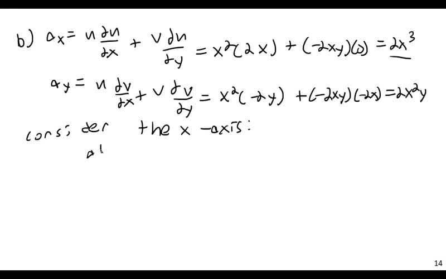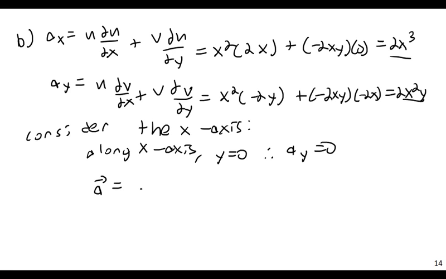Well, along the x-axis, y equals 0, so this term goes away. Therefore, ay is equal to 0. So the only acceleration component remaining is in the x direction. So the acceleration vector then is simply 2x to the third times i, our unit vector in the x direction.